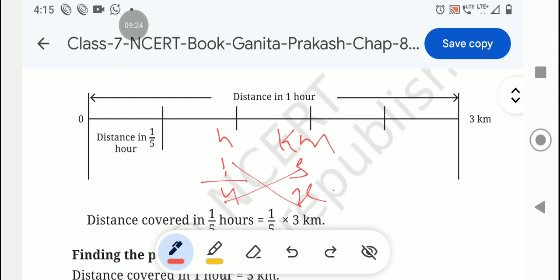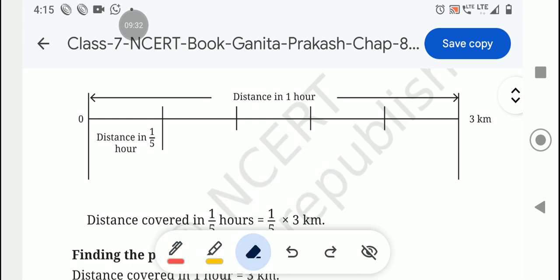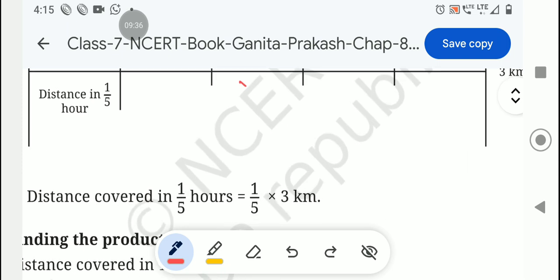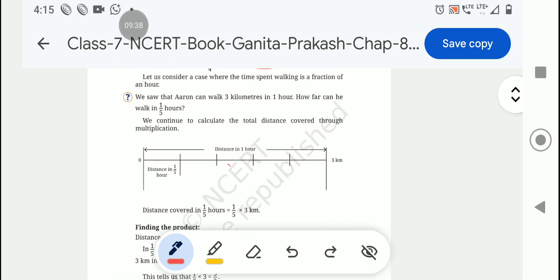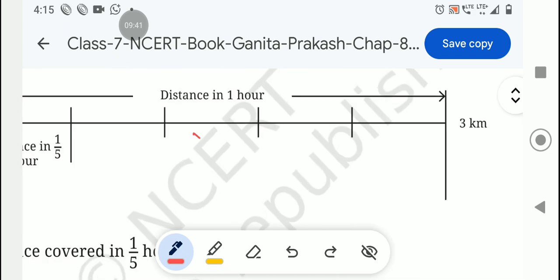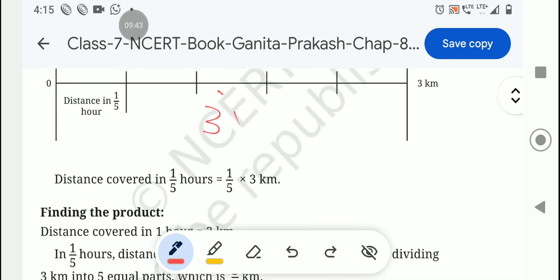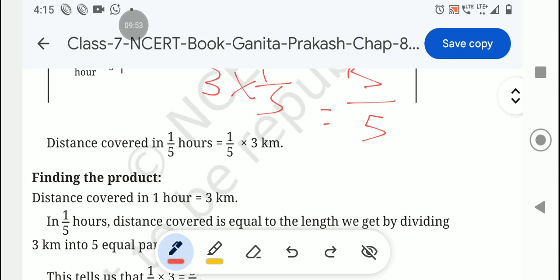So cross multiplication: 3 into 1/5. Distance covered in 1/5 hour. 3 into 1/5, the answer is 3/5.